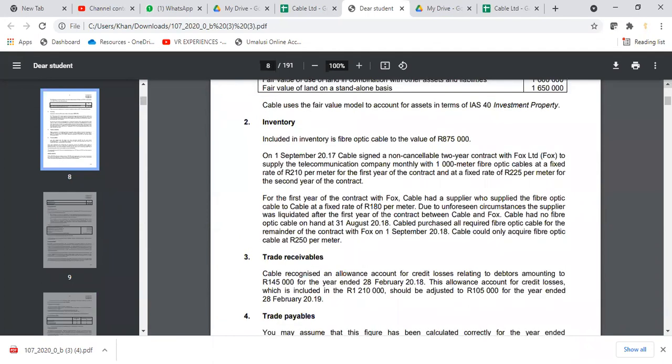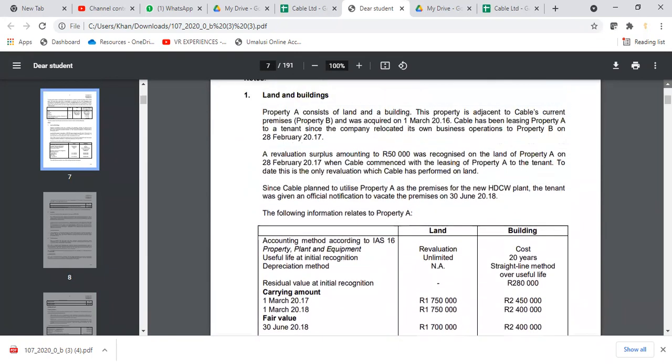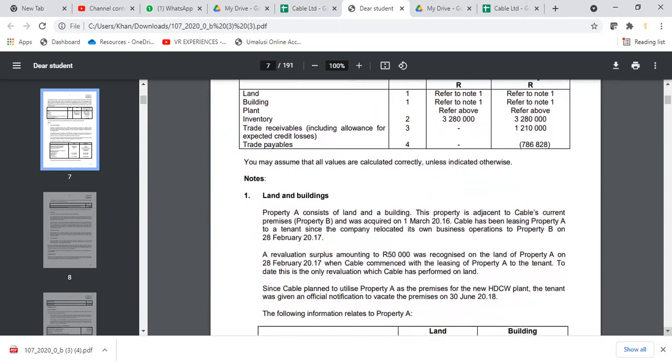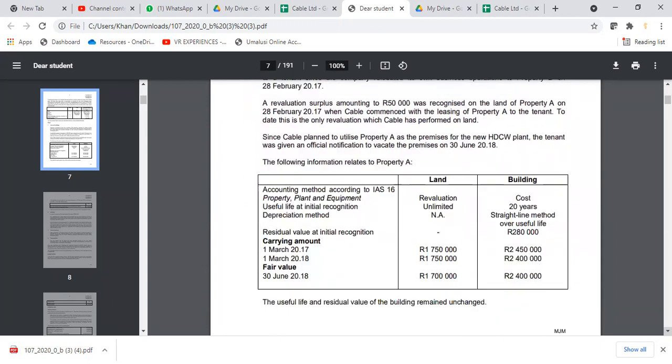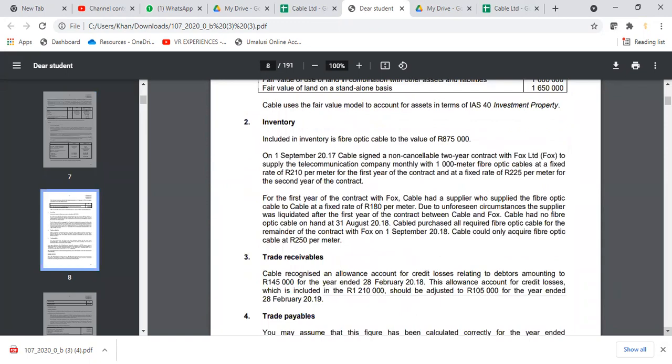They say included in inventory is fiber optic cables to the value of 875. Remember, in the table above, inventory is currently sitting at 3,280,000 rand.